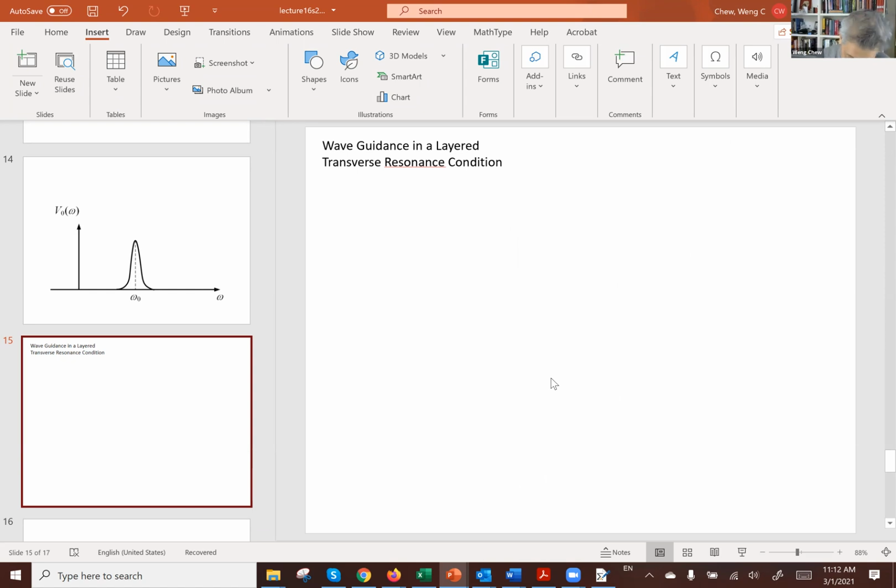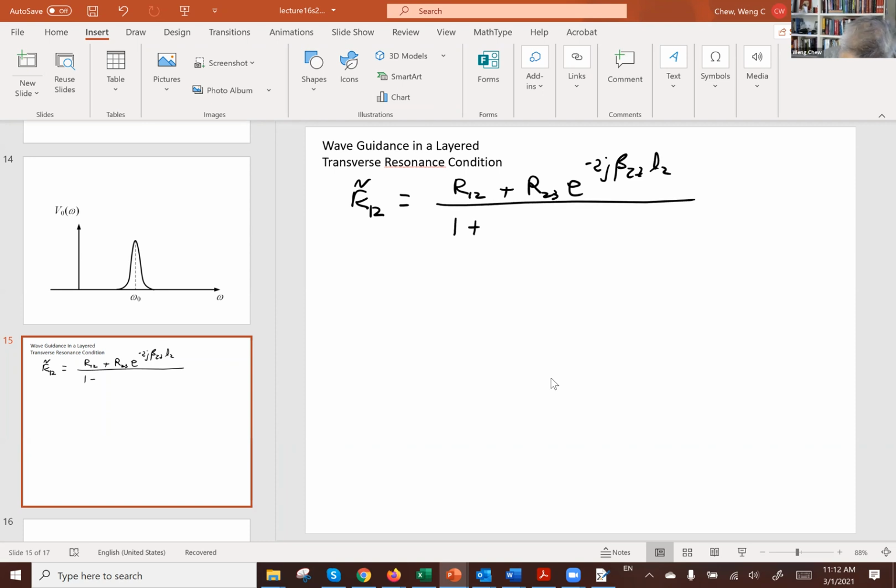What we have seen is that the generalized reflection coefficient is equal to R12 plus R23 tilde e to the minus 2j beta 2z L2, over 1 plus R12 R23 tilde e to the minus 2j beta 2z L2.